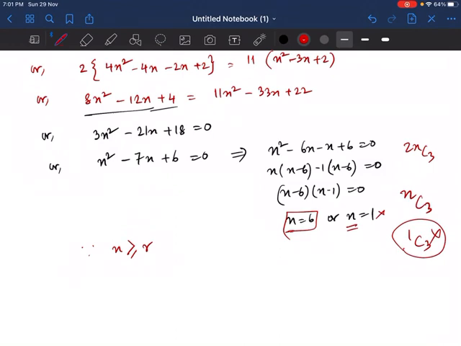You can only take 12 objects only, right? So you cannot take anything more than 12 objects. So n, the total number of objects, will always be greater than or equal to the number of objects you are taking, that is r, at a time, right? So since n is greater than or equal to r, therefore n is equal to 6. That's my answer. Okay, so that's how we solve question number 2-2.